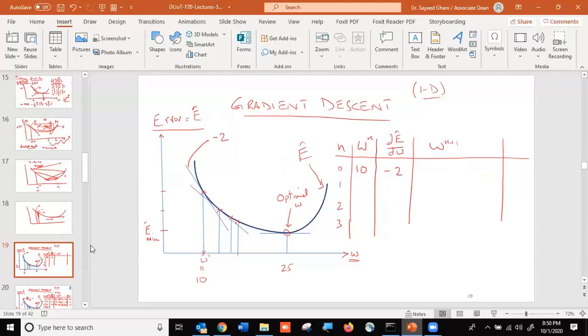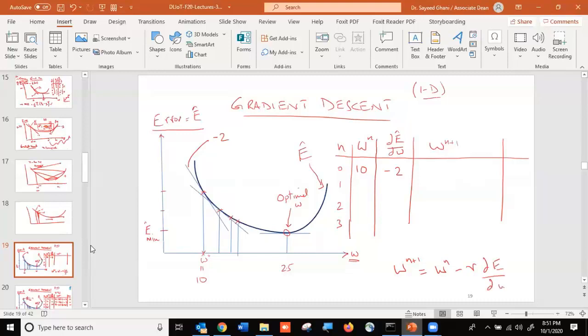What was the equation? This was the key equation. W(n+1), that means the (n+1)th iteration, is going to take the previous value of the weight, and it's going to take the learning rate multiplied by the slope.